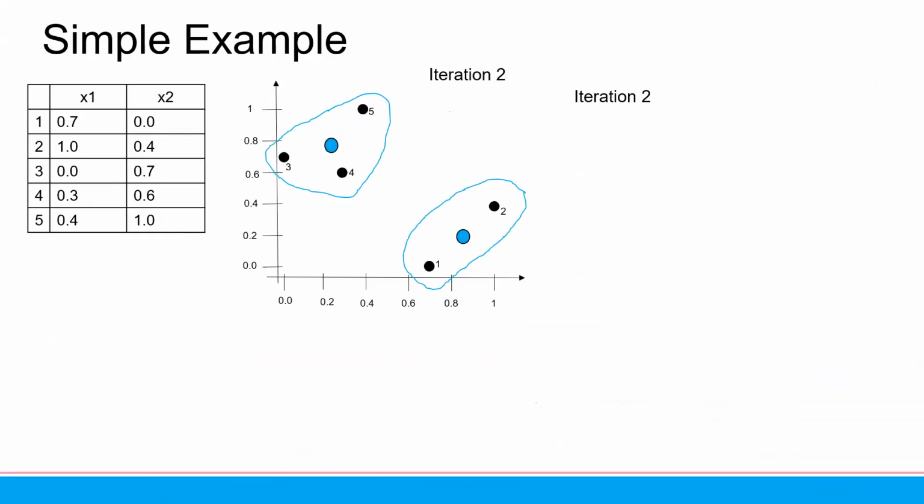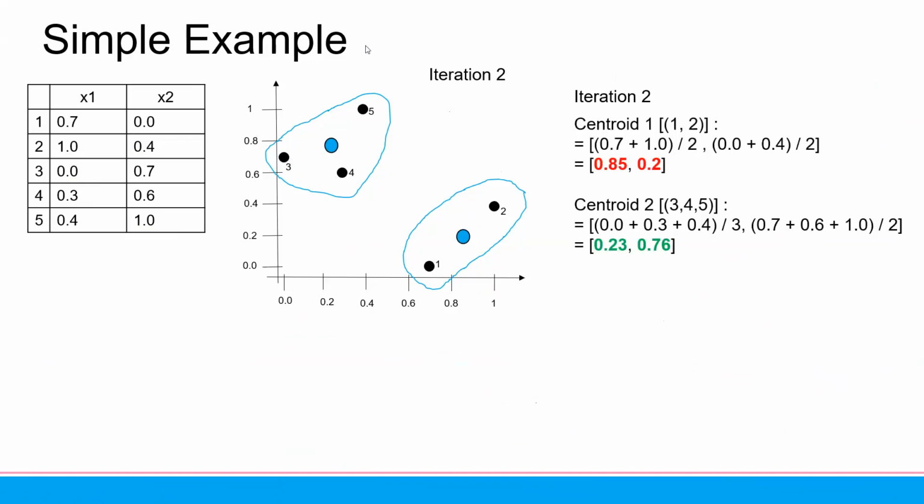When I select 1 and 2 like this, and then I select 3 and 4 and 5 into the same group, I can again calculate the centroid. What is the centroid? The centroid from 1 and 2 is 0.7 plus 1 divided by 2, plus 0.4 divided by 2.